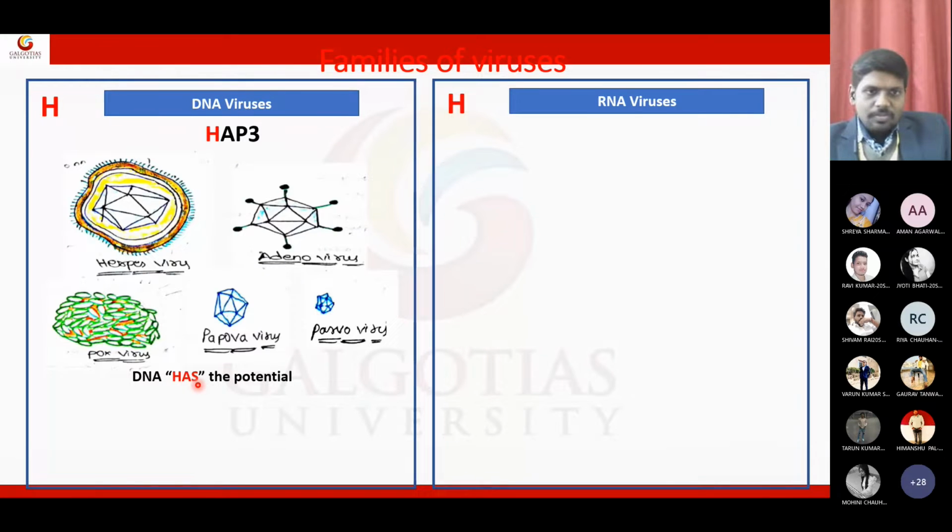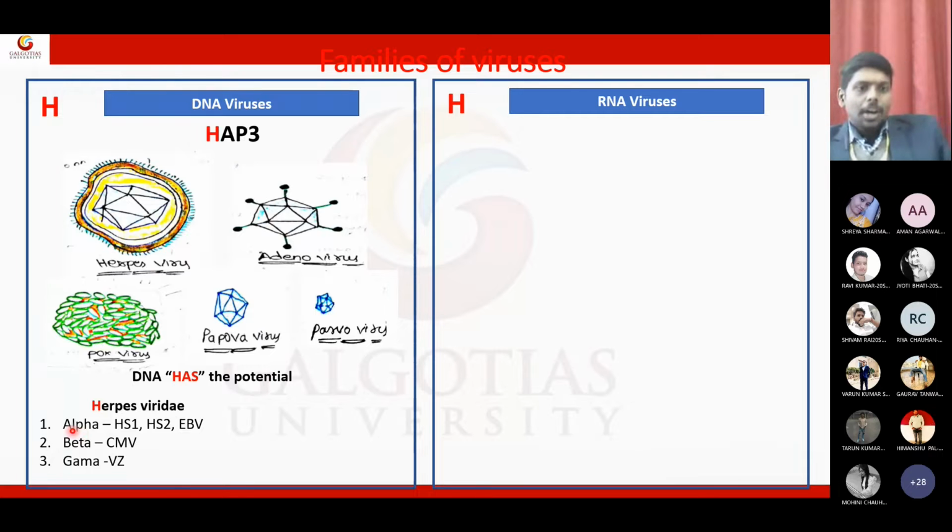Now, H stands for Herpesviridae. In the Herpesviridae, we have three genera: alpha viruses, beta viruses, gamma viruses. Alpha viruses include herpes simplex 1, herpes simplex 2, and Epstein-Barr virus.